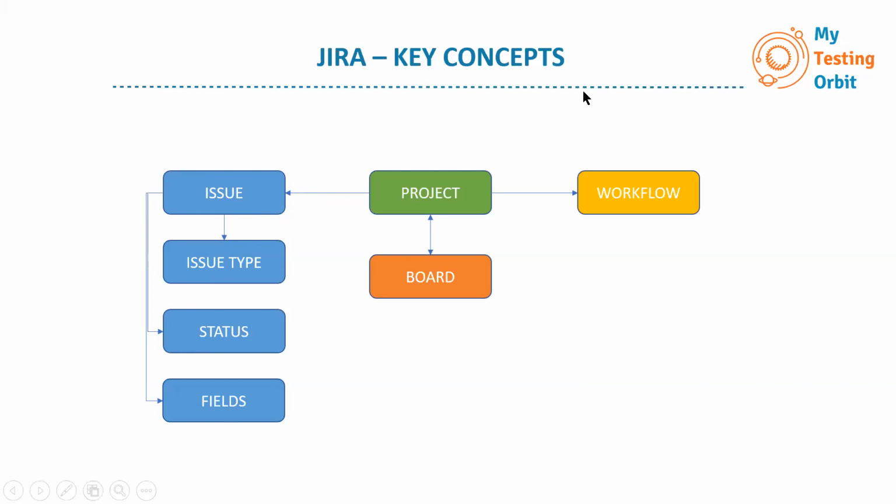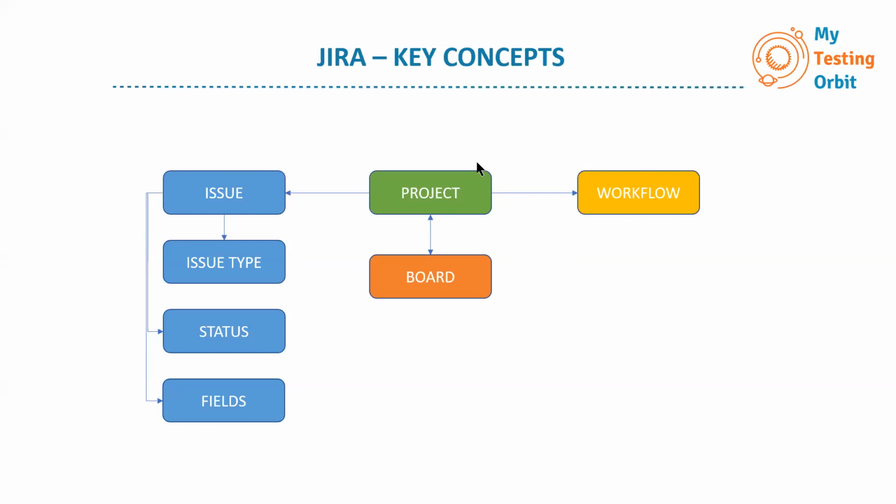So the Jira instance would be the same, but they will be different projects. Of course, we are talking about a specific project, so we will focus on that. All the issues are related to the project.